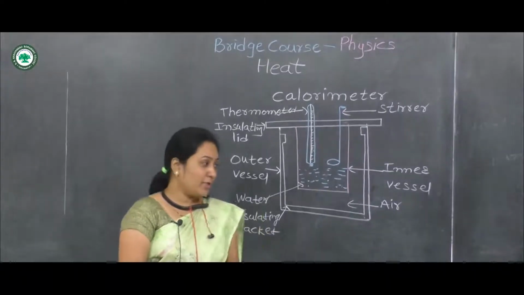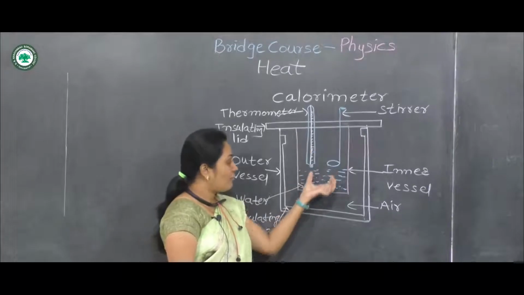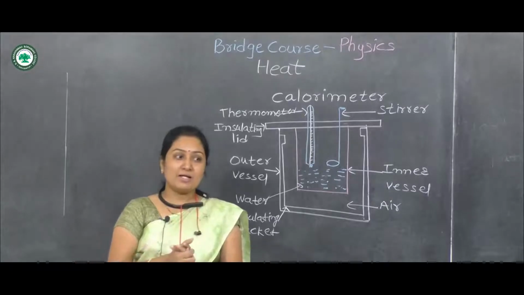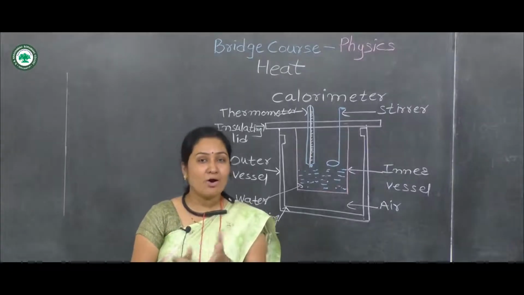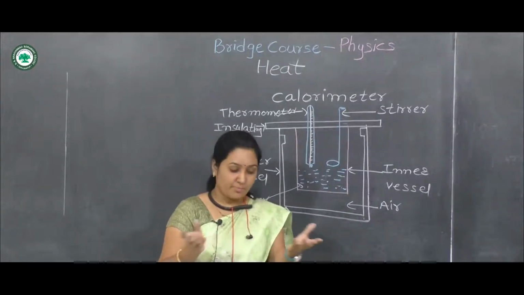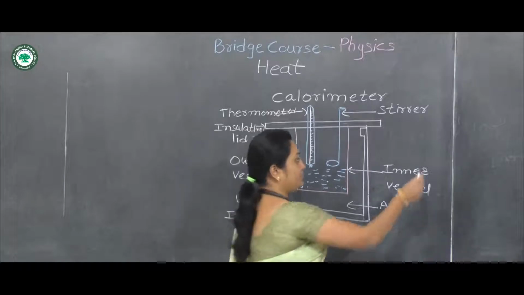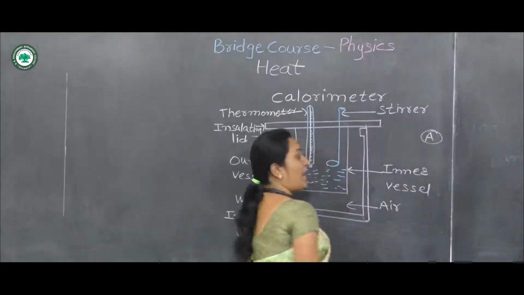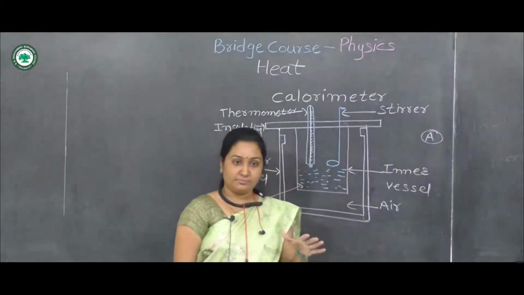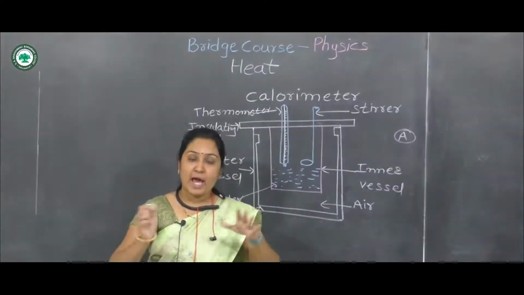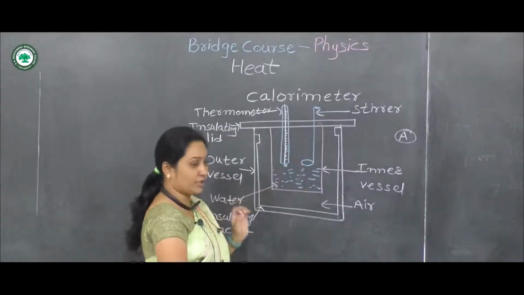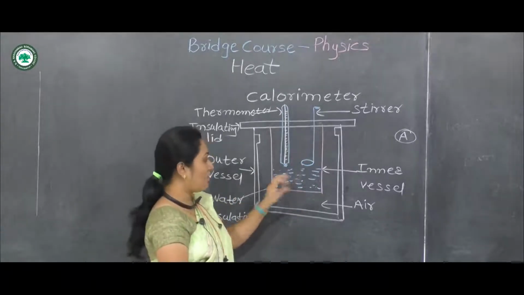Now what do we have to do here? First we fill this inner vessel with water. Generally the inner vessel is made of copper or aluminium. Then suppose we have an object A. We heat this object A to a fixed temperature, and then put this object instantly in this water, in this calorimeter.